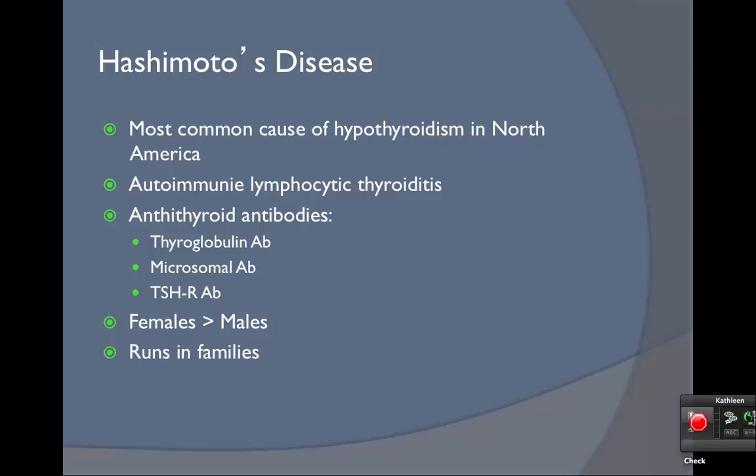So you have HLA antigens, which are the ones that are typed for organ transplants. So this is the body's antigens. In Hashimoto's, the lymphocytes stop recognizing the thyroid's antigens as me and instead see the thyroid antigens as foreign material.